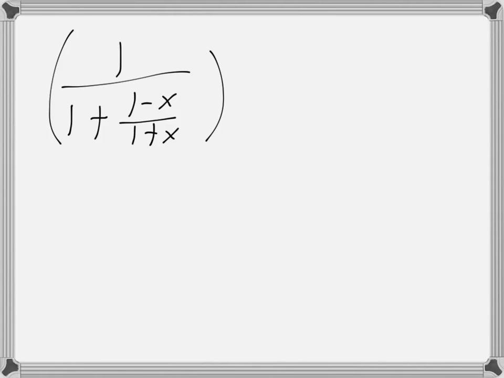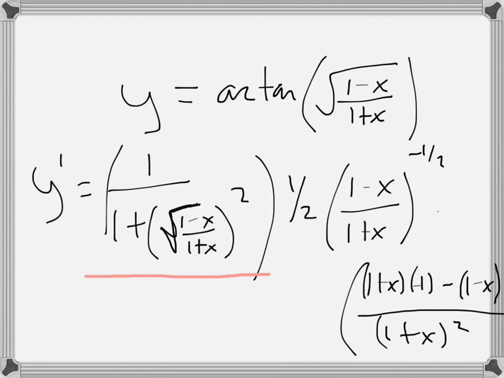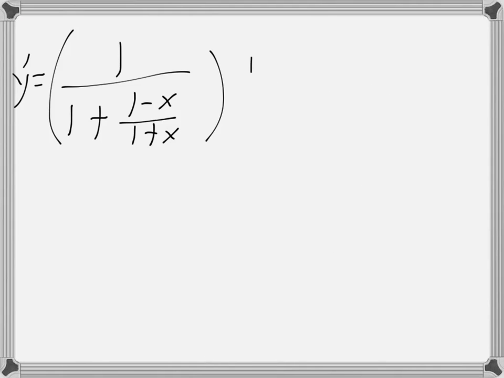So this should be 1 over 1 plus 1 minus x over 1 plus x. So that's our first factor. Our second factor, I guess, is a square root on the bottom. So we've got the 1/2 and then 1 over the square root of 1 minus x over 1 plus x.